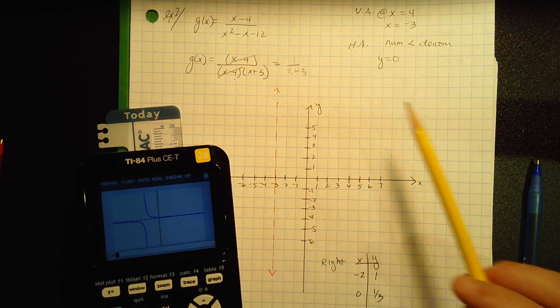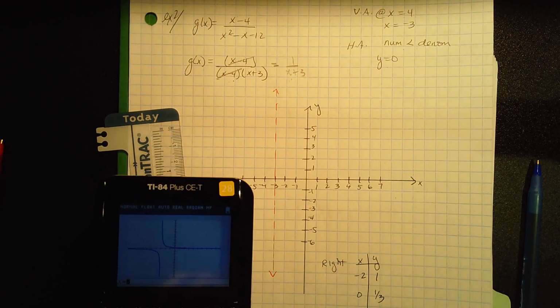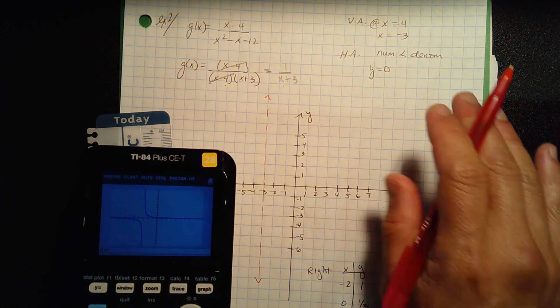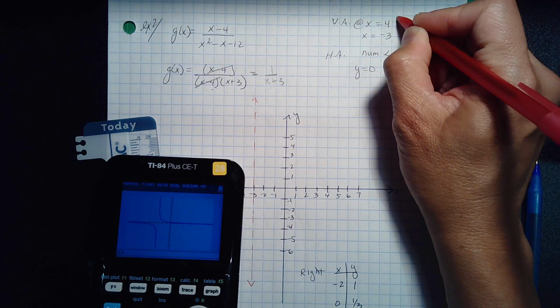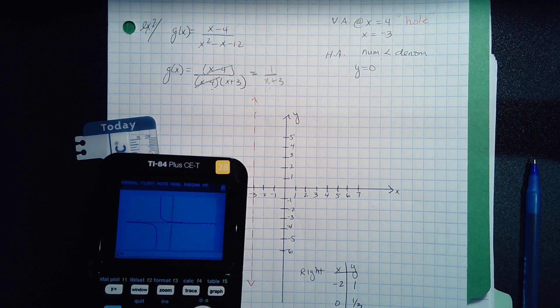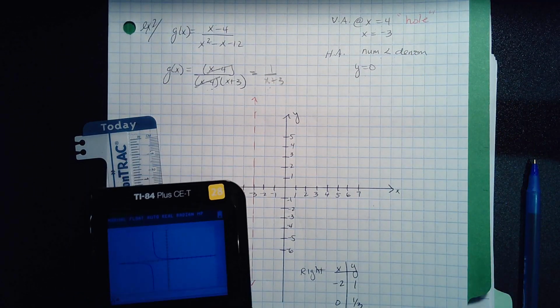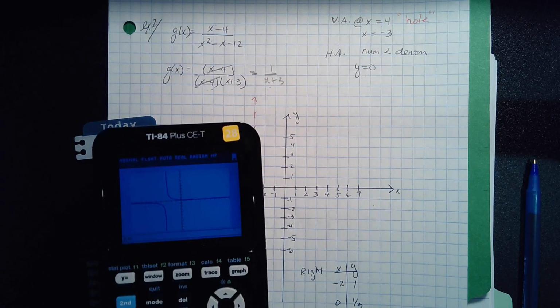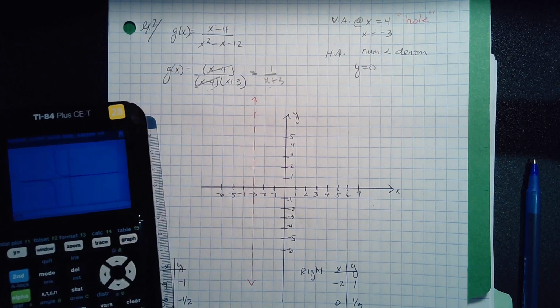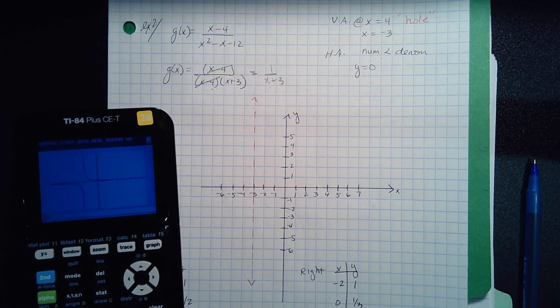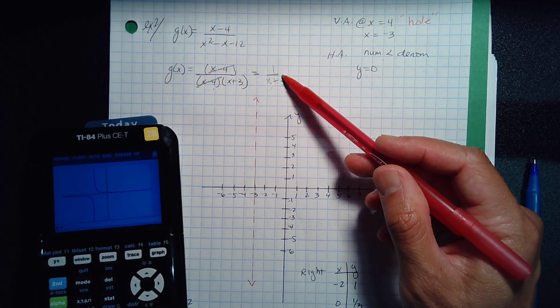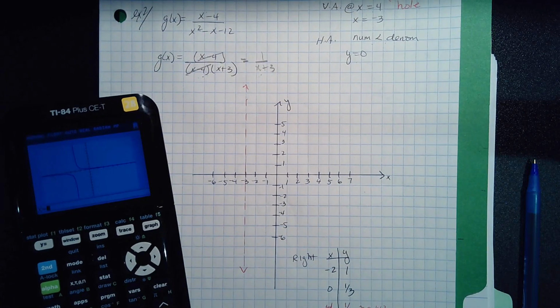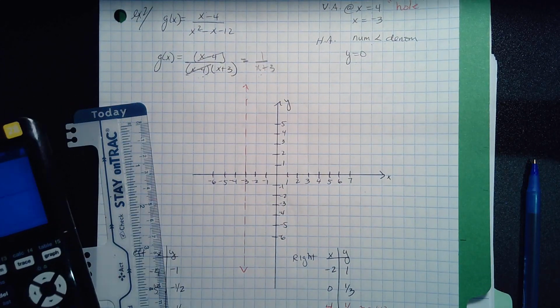We also call this a hole. It's also known as a removable discontinuity. When I substitute 4 back into the reduced function, that's 1 over 7. 1 over 7 is approximately 0.143.